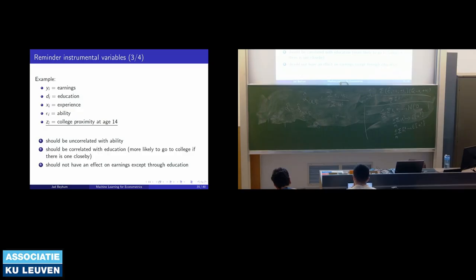Suppose this is my model: earnings as Y_i, D_i as education, X_i as experience, and epsilon_i is ability. If I run OLS on this linear model, what is OLS essentially doing? It's fixing the level of experience, taking people that have the same level of experience, and then among these people, looking at those with high or low education and comparing their salaries.